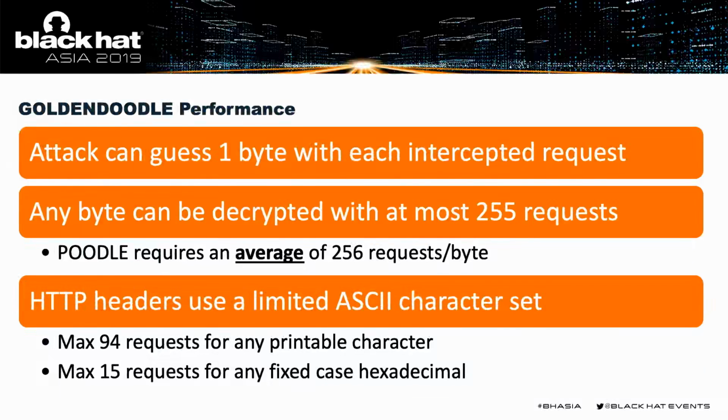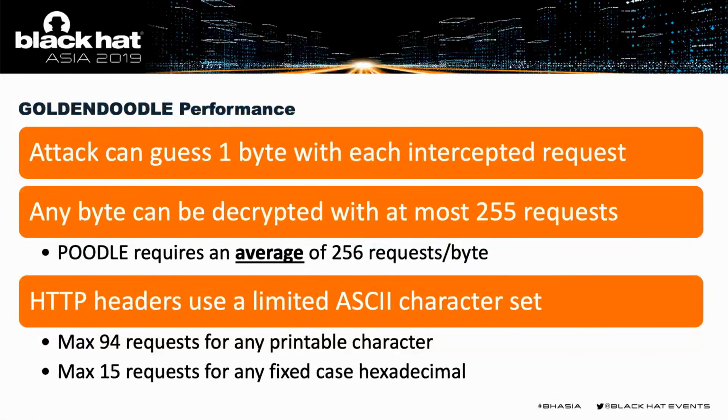This means that as opposed to POODLE, where you've got an average of 256 requests for every byte, with GOLDENDOODLE, any byte could be decrypted in at most 255 requests. And frankly, though, because HTTP is a plain text protocol, you're limited to these printable ASCII characters, 95 of them, which means that you've really only got 94 maximum requests that you're going to need to do before you know any byte that might be realistically found within an HTTPS packet.